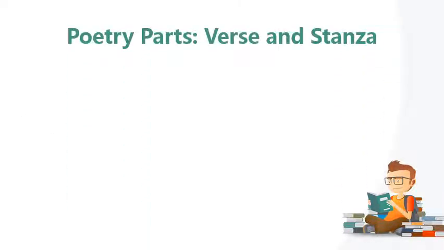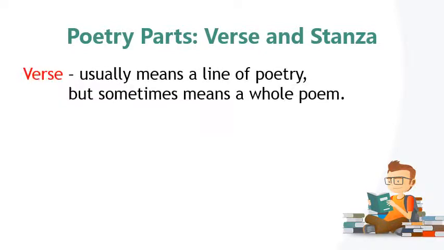So we get different parts of poetry. So we get a verse and a stanza. So I'm going to break it up. You are going to see what I mean and how we put it all together. Okay, so a verse usually means a line of poetry, but sometimes means a whole poem as well.